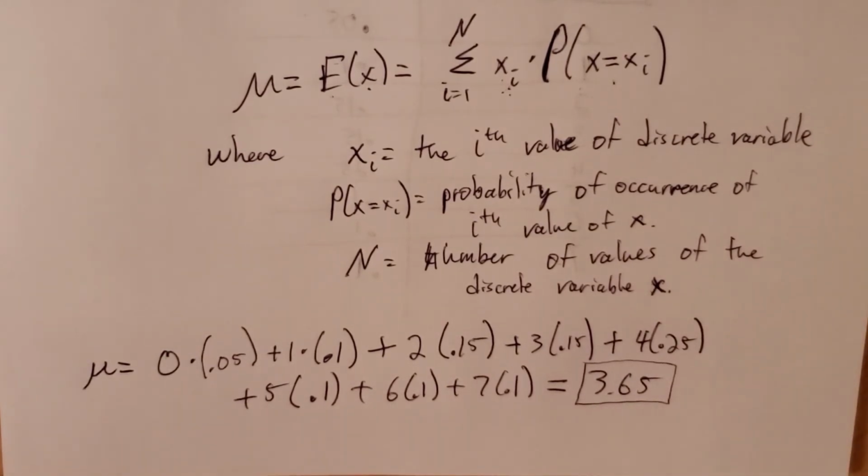In other words, if we surveyed something like 50 students and they all fit within this set of data, then we'd expect the total number of times eaten off of campus by those 50 students to be 3.65 times 50. And by expected value, we just mean that the number of times should be close to that. That's what we expect to happen.